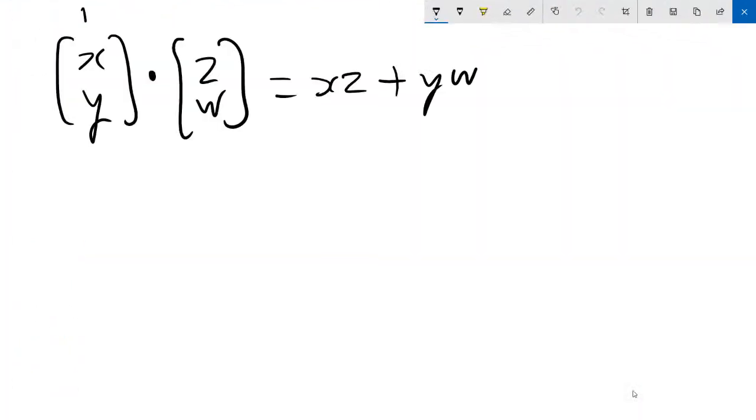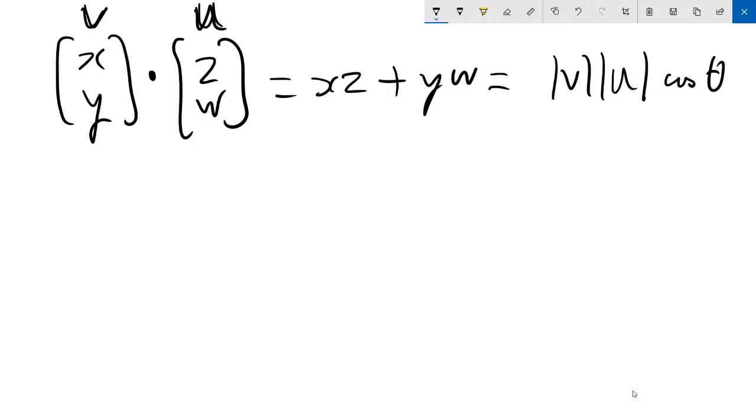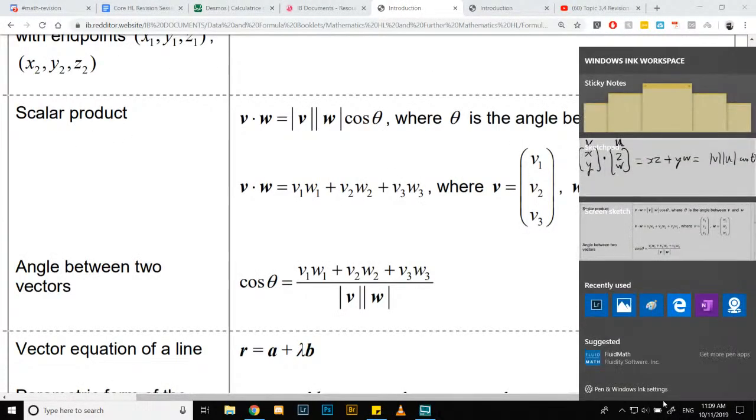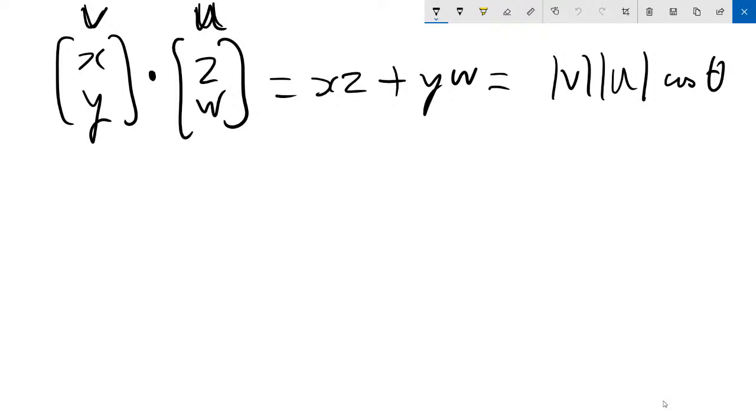If this is v and this is u, then this is also equal to the magnitude of v times the magnitude of u times cosine theta, where theta is the angle between v and u. This is also a dot product formula.